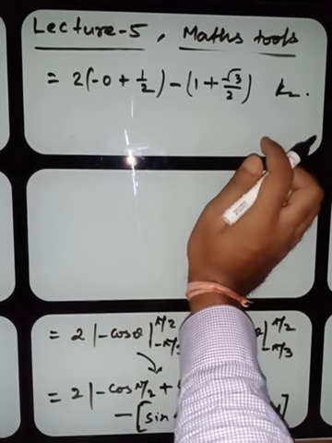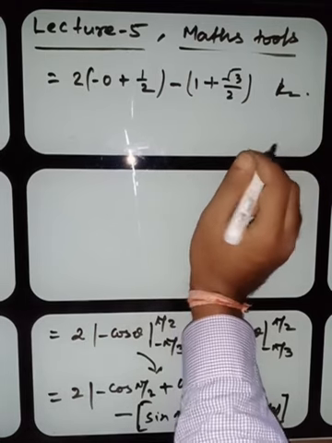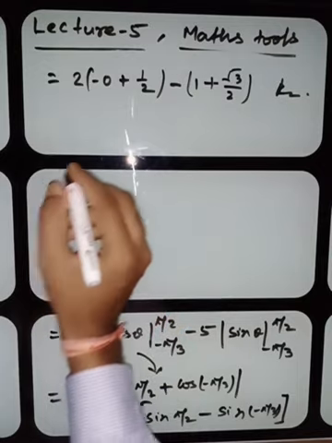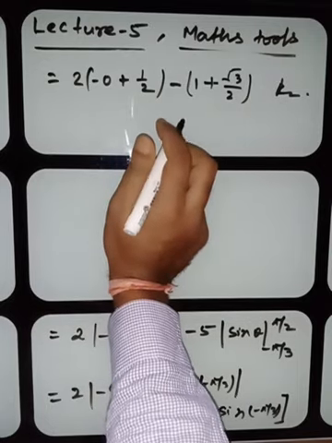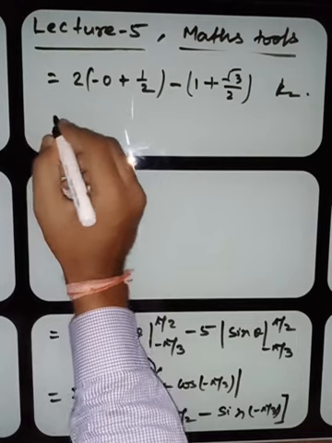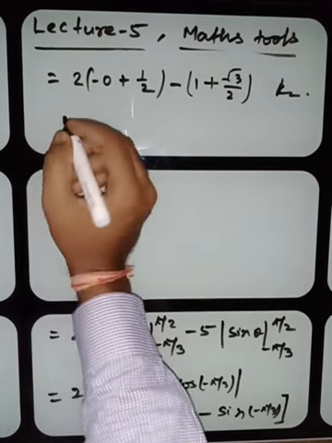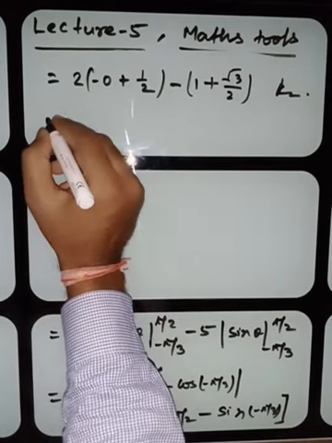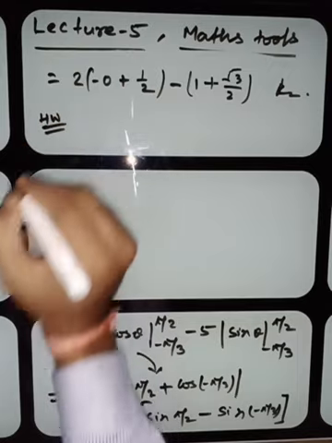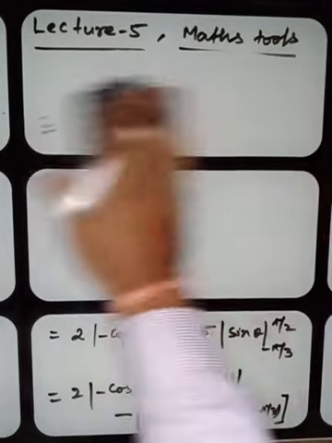Now my dear students, I am giving you some homework. You must solve it after the class. Okay, the first question, Janish, this is the homework. Let me wrap this one.